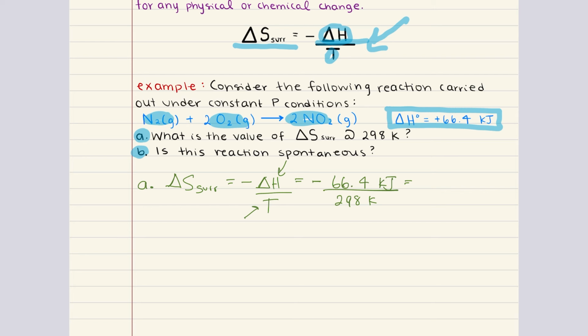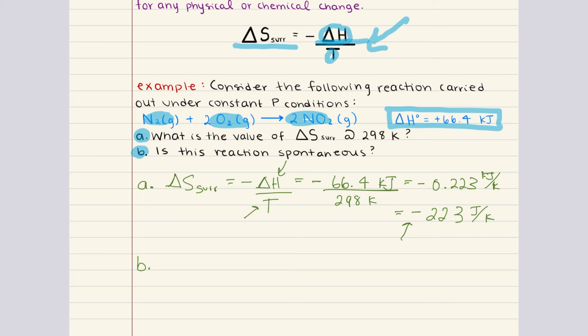When we plug this into our calculator, we get negative 0.223 kilojoules per Kelvin. Now, if we were to rewrite this in units of joules per Kelvin, it would be equal to negative 223. What we notice is that the change in entropy of the surroundings is negative. So let's keep that in mind moving into part B.